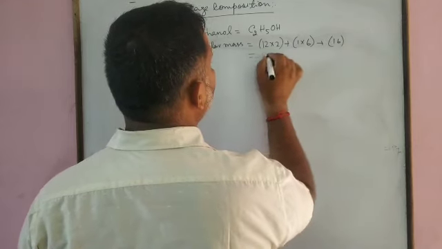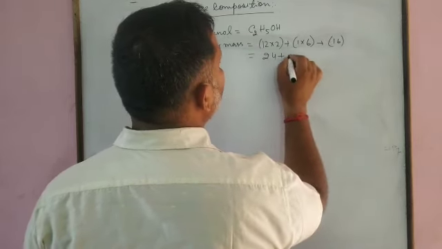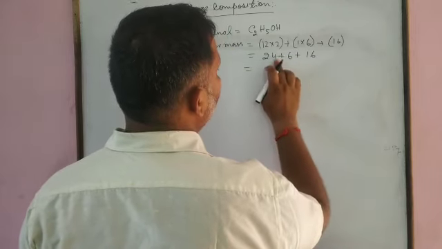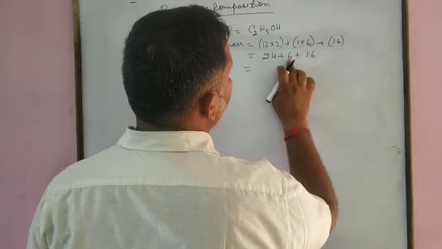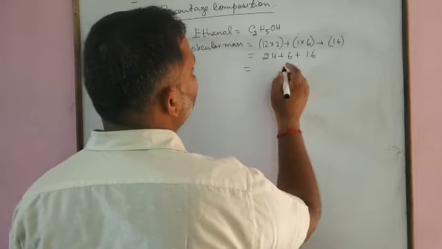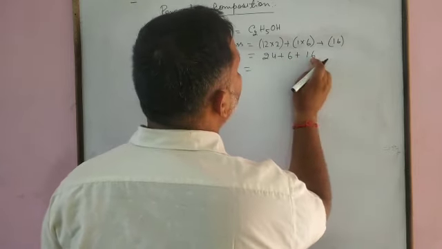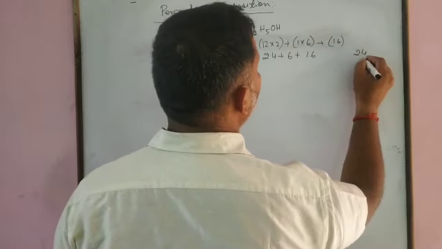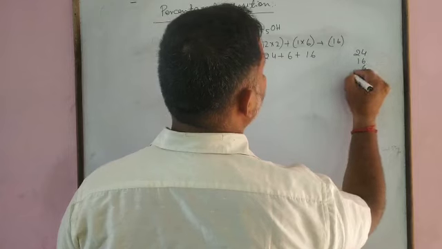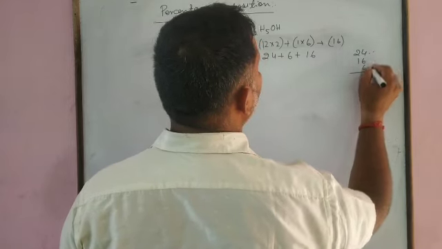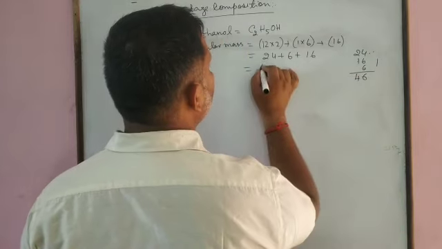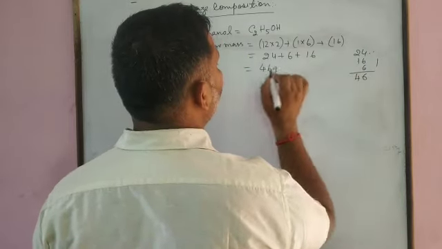What we got? 24 plus 6 plus 16. It is equals to 46 grams.